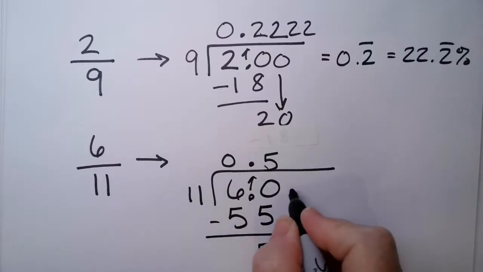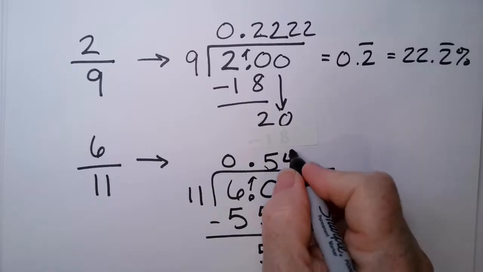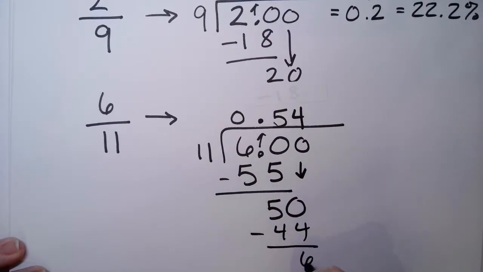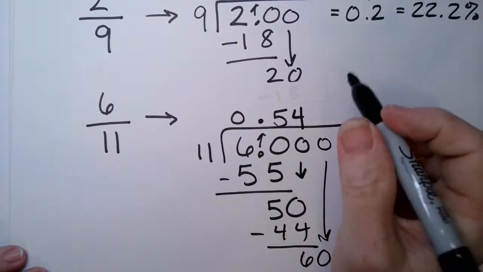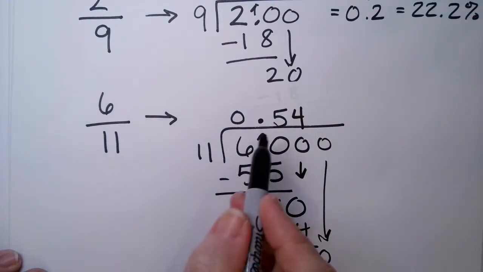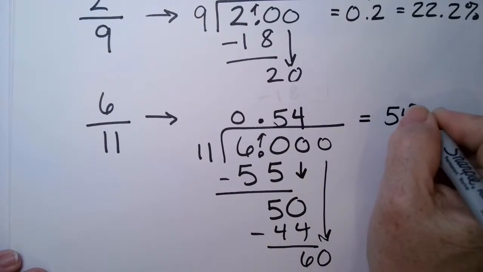And you're left with a 5. You're going to drop it down. 11 goes into 50 4 times. So we're going to minus 44, and now we get a 6. You can drop another one, and you can keep going. But I'm going to stop here. And so 6/11 is 0.54. It's also 54%.